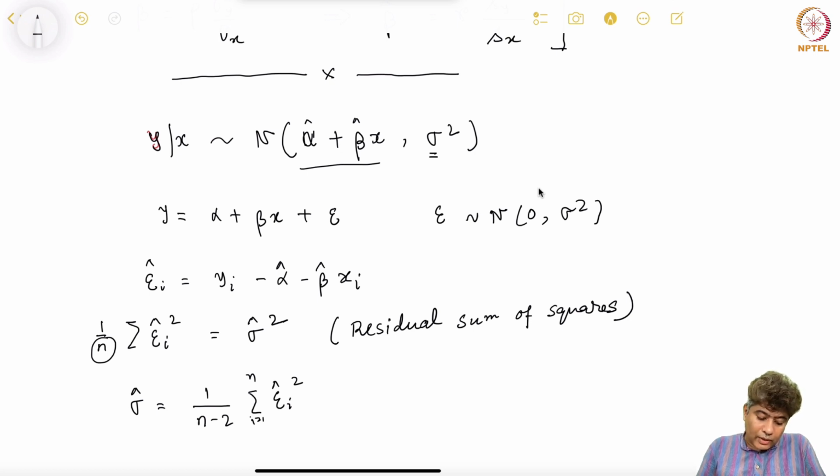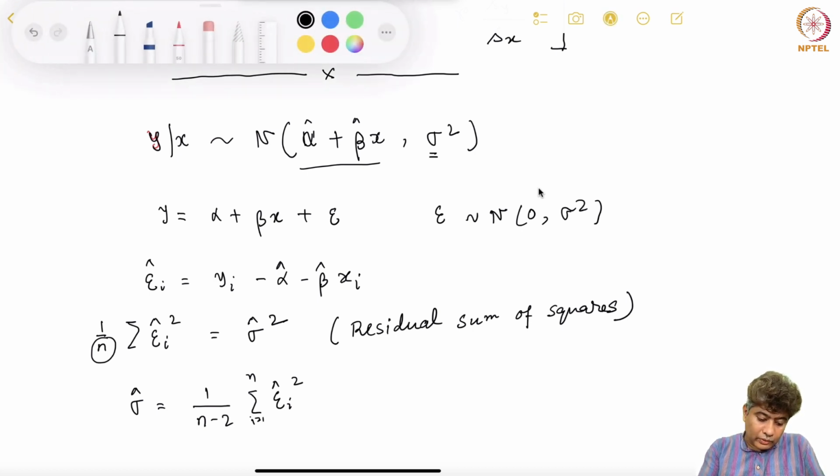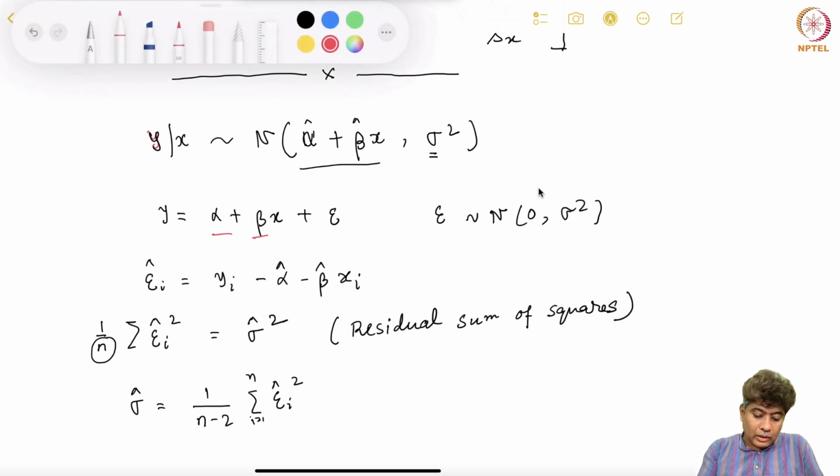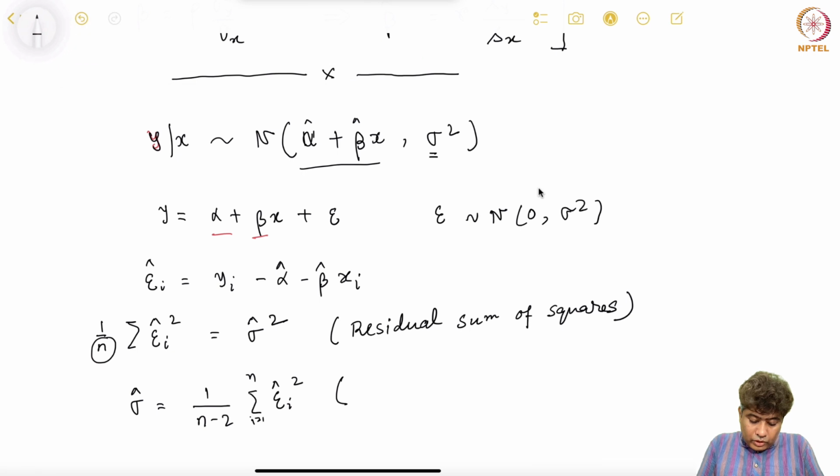Now, why n minus 2? Because you are estimating two parameters here, alpha and beta. Because of that, you are losing 2 degrees of freedom. So this is the typical formula for the residual sum of squares, or RSS.